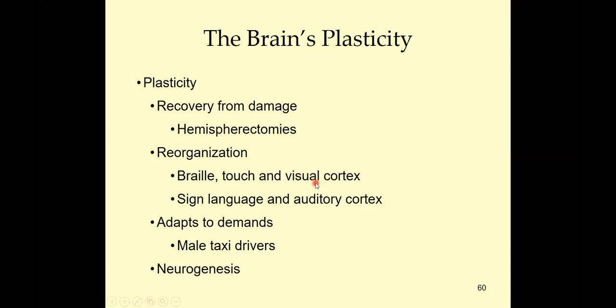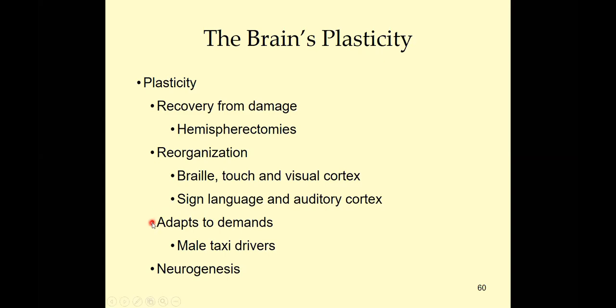The brain has rerouted those signals. Same thing when people learn sign language, when they become proficient at it, that information is actually passing through their auditory cortex, where the sounds of words are normally beginning to register. So the brain, again, rerouting those signals.